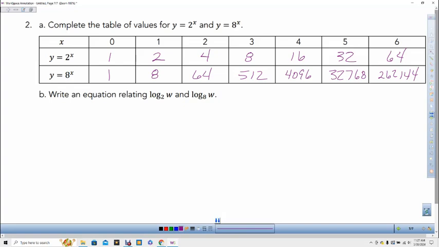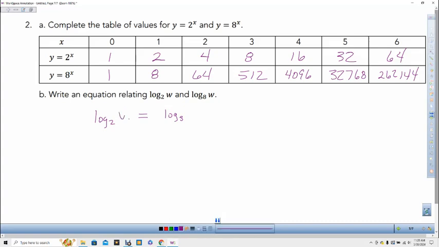Now, what do you notice about these? So we've got log base 2 of x, and we've got log base 8. Oh, we wanted w.